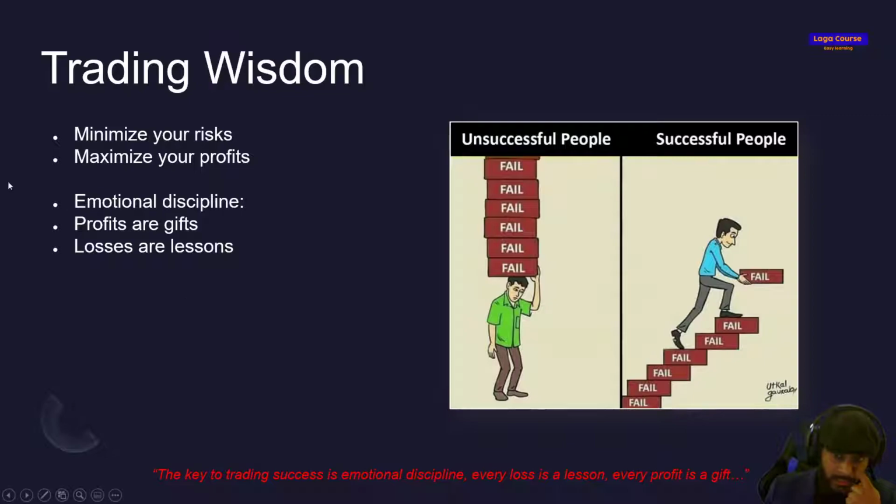Unsuccessful people tend not to learn from their mistakes. It piles up on them mentally, and they just get demotivated. But successful people use all their mistakes as lessons, as bricks to climb up and improve. That's what I did personally in 2019.